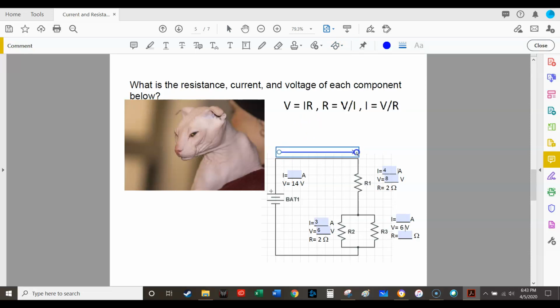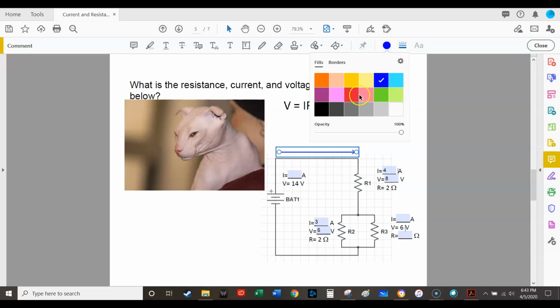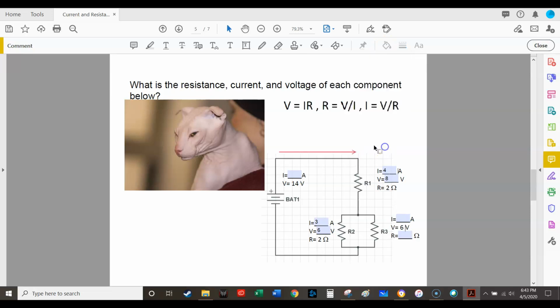Let's go ahead and I'm going to use red for the major current coming out of the battery.